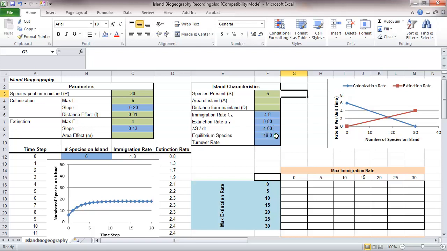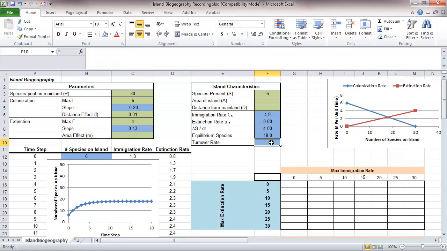The equilibrium number was computed through the equation that Jed shared with you. And if this is the equilibrium number at 18, the turnover rate is just the y-intercept. So the x-intercept, where these two lines cross, provides you with the equilibrium number of species, but the y-intercept at that point provides the turnover rate.